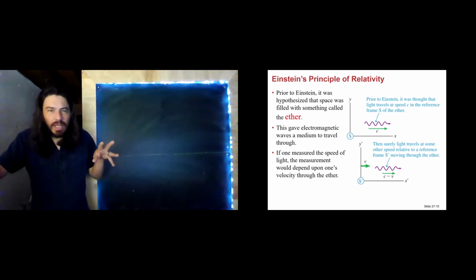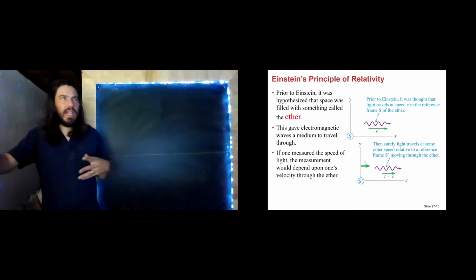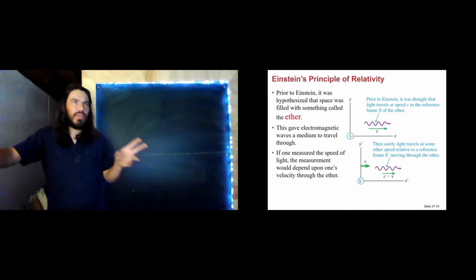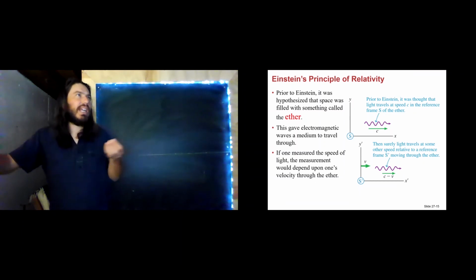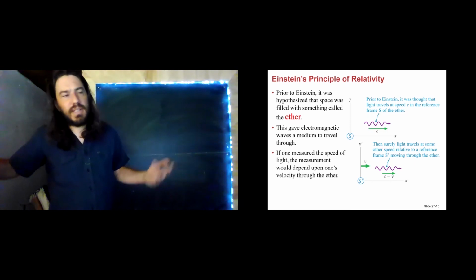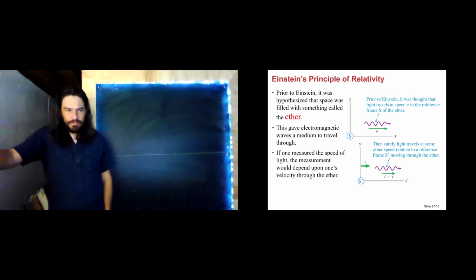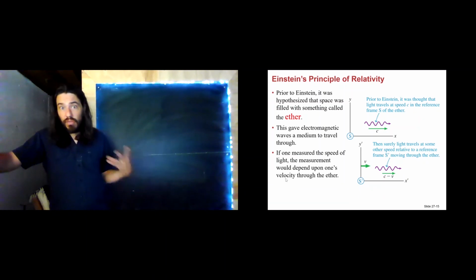It was this medium that filled space, and somehow it didn't slow down our Earth as we were going around the sun. There's no viscosity or friction from it, but yet it was able to carry these waves. This is the theory. Which means that all this math that we've just been doing should work for light.